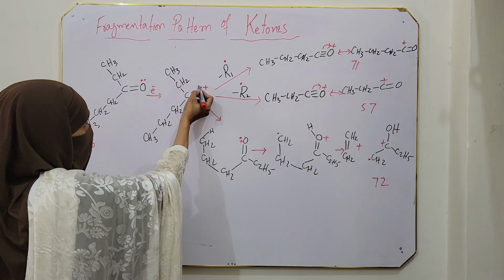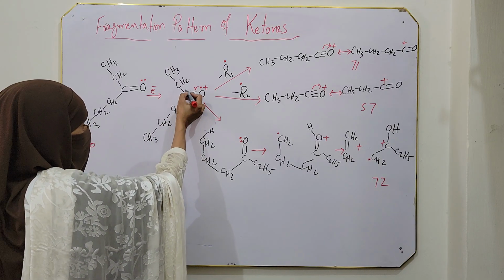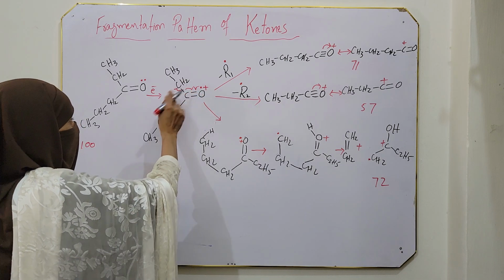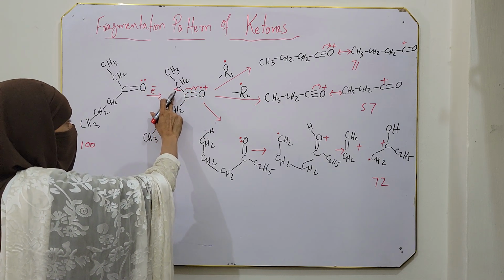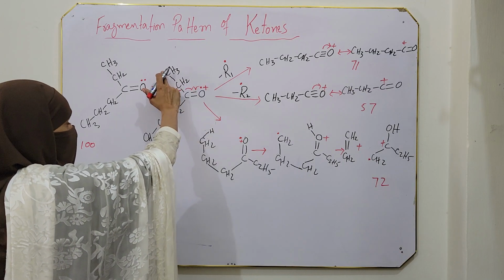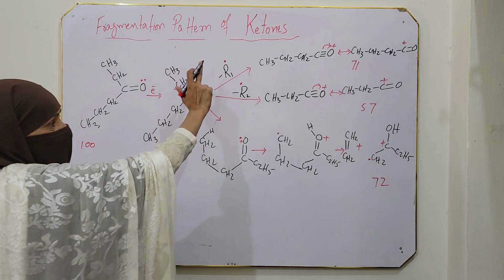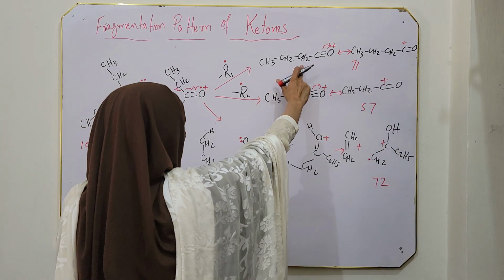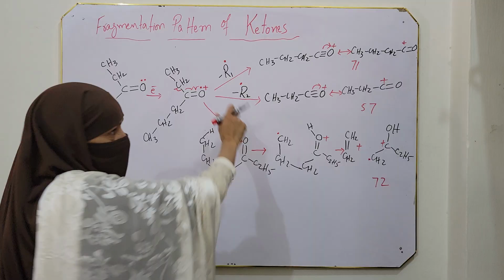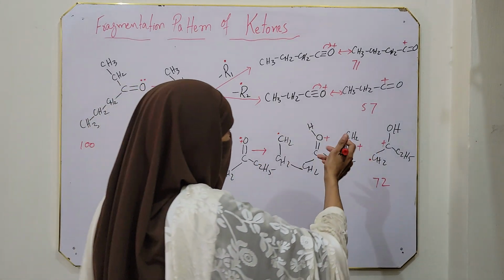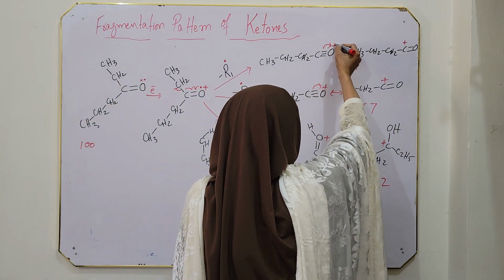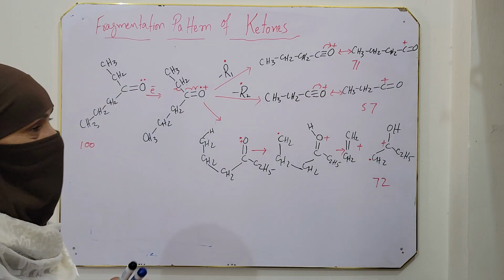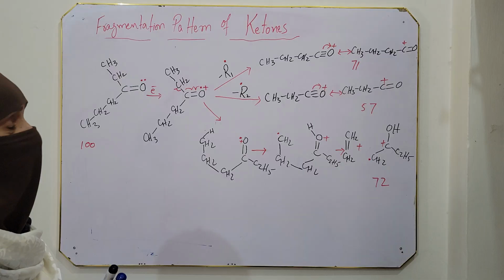When R1 is fragmented, this electron is transferred here, and by homolytic cleavage the R1, CH3CH2 radical, is released. The remaining moiety is CH3CH2CH2 triple bond oxygen, and in a similar pattern the double bond is shifted toward oxygen and we get a carbocation at mass 71.